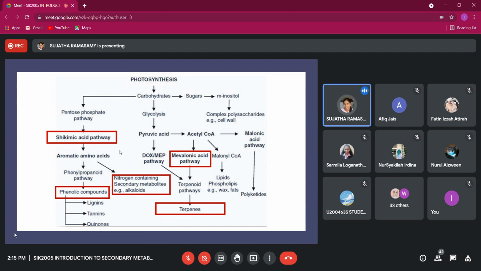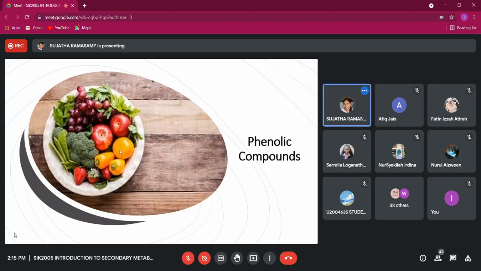So you can see here, using a different pathway, we can classify the secondary metabolite into three group: phenolic compound, nitrogen containing compound, and terpenes. That's what you're going to learn. Okay, let's look one by one. Again, in this today's lecture, a very brief one only.